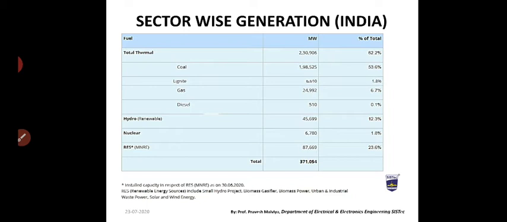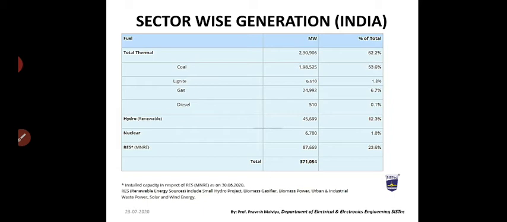We have included hydropower plants in renewable only up to a certain capacity, and these are known as small hydro, and the rest are known as the conventional source of energy. Hydropower holds the share of 12.3% of energy generation in the electric power system. In megawatt, it is 45,699 megawatts.